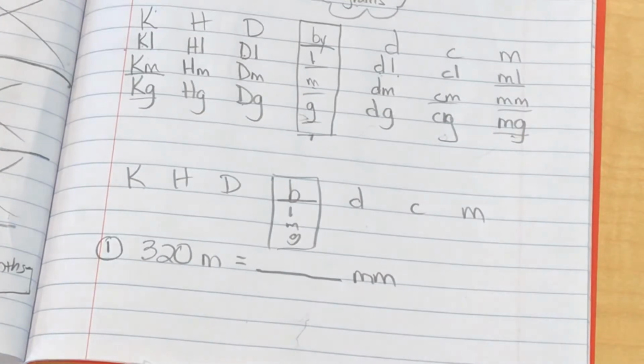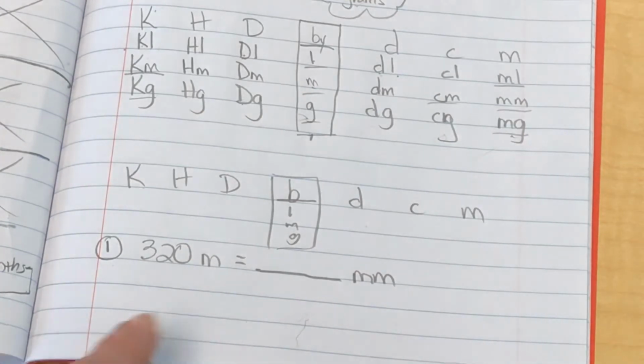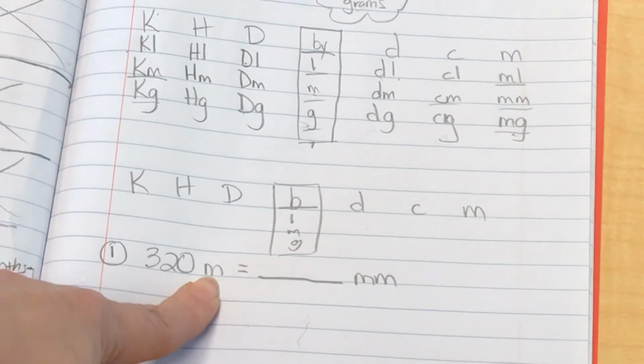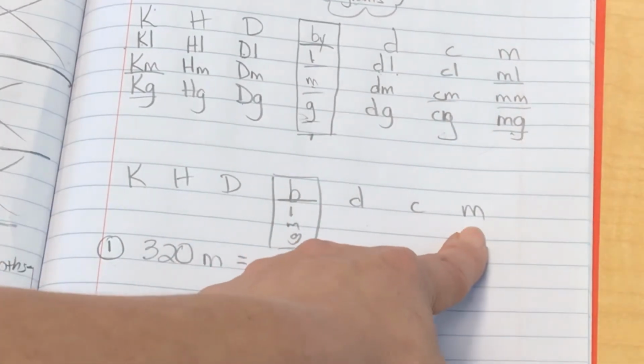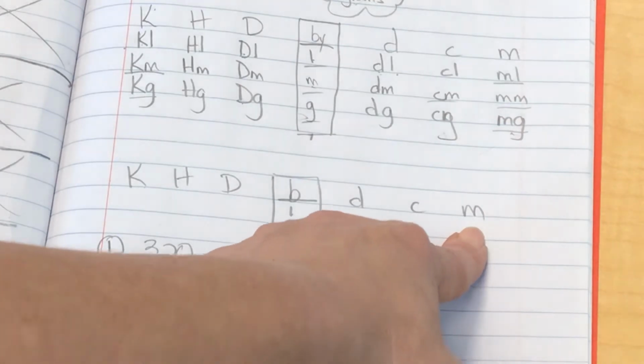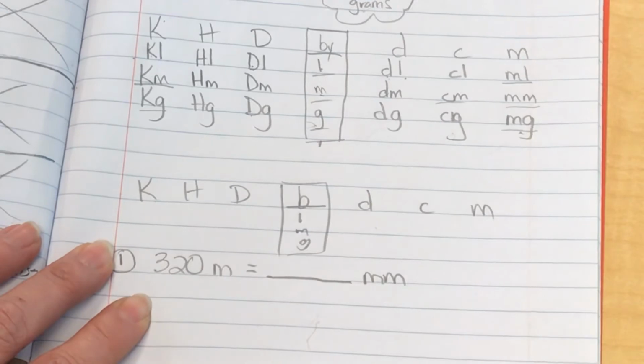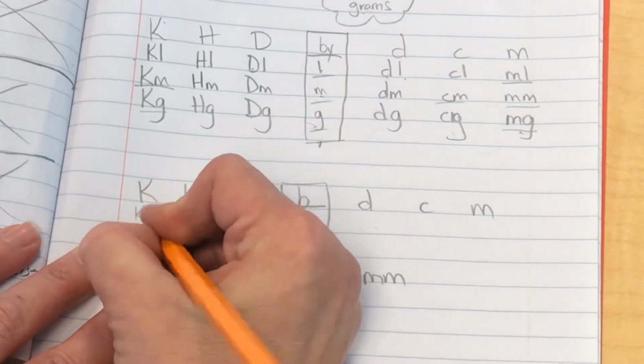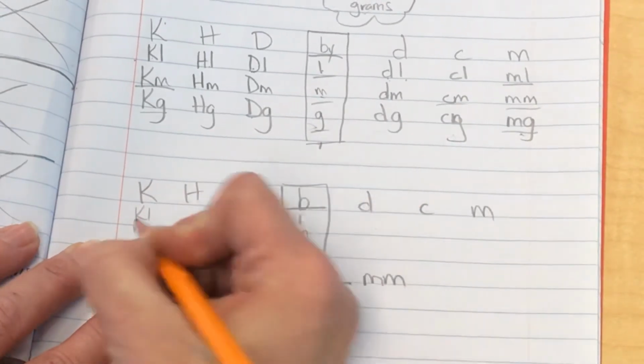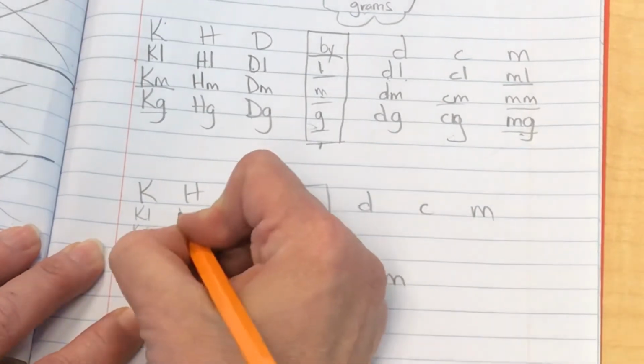Okay, well, how would I do it? I find meters. Now, this is where we always make a mistake, 5th grade. We want to go here. But that's not meters, that's milli, remember? That's why I like to go ahead and write all my abbreviations down. So go ahead and do that again. I know you're going to say, why? We just did it up above. Because I said so, that's why.